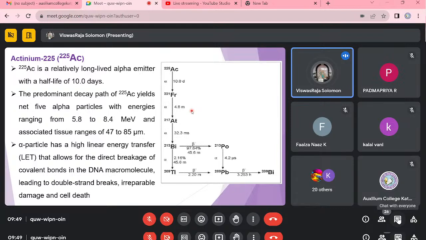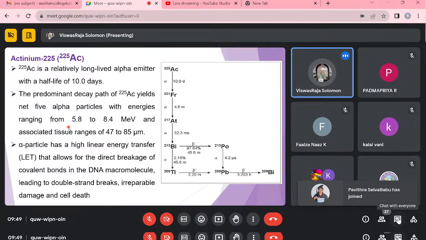What I showed was the clinical data of actinium-225 with PSMA. Why we selected actinium-225 for these studies is that it has a half-life of 10 days. It emits alpha particles with a wide variety of energies, from 5.8 to 8.4 MeV.